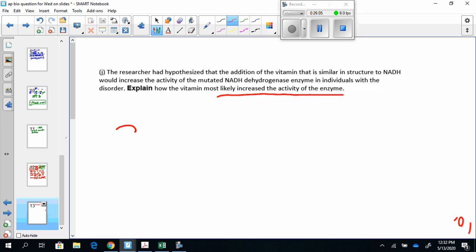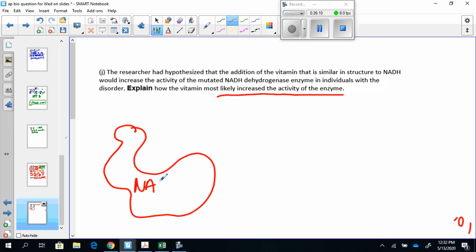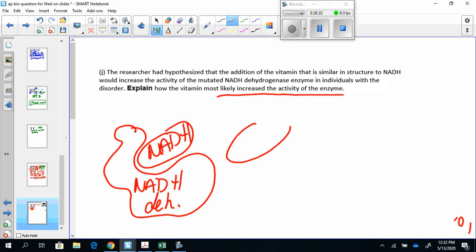Okay, so before I start, let's just draw a picture here again. Here is my NADH dehydrogenase, and here is my NADH. It fits right in. But there's not enough of it present, is what it's saying. It's not really being activated. So if my vitamin looks just like this, it will also fit in the space.